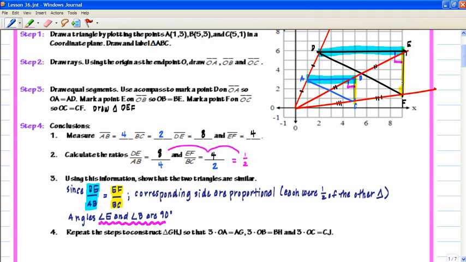So if you look at the diagram, the blue segments correspond to each other. The yellow segments correspond to each other. And angle E and angle B correspond to each other. Then we can say that these two triangles are similar because of the side-angle-side similarity theorem.